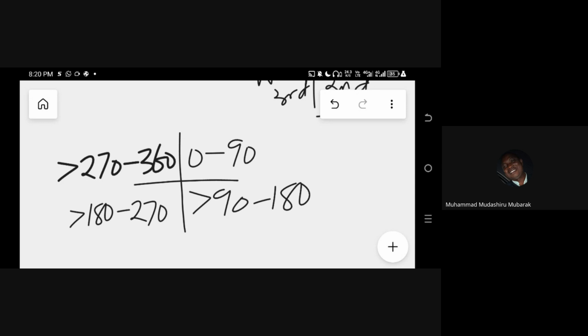Second quadrant, any angle that is greater than 90 to 180 can be found in the second quadrant. Third quadrant, any angle that is greater than 180 to 270 can be found in the third quadrant. Fourth quadrant, any angle that is greater than 270 to 360 can be found in the fourth quadrant.